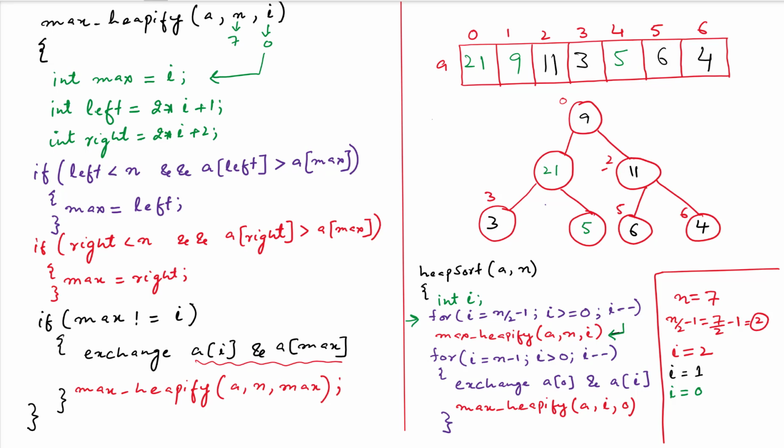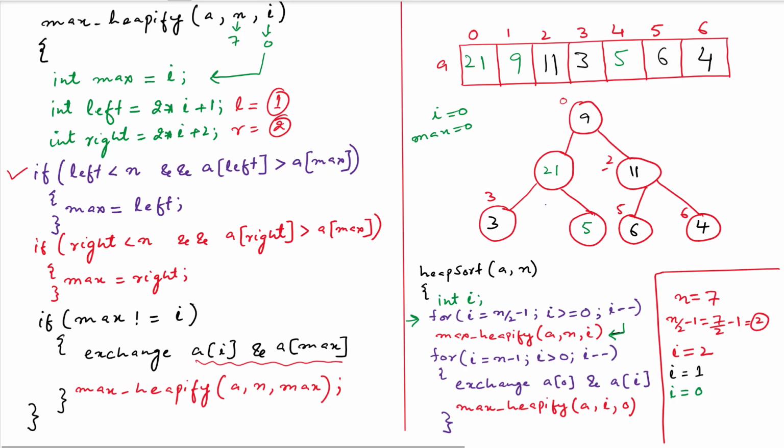Fine, so I equal to 0 and max equal to 0. Then we calculate left from this statement as 2 into I plus 1, that means 2 into 0 plus 1. So left will be 1 and right will be 2, and then we will come to this if condition.